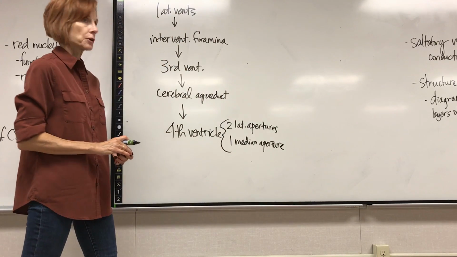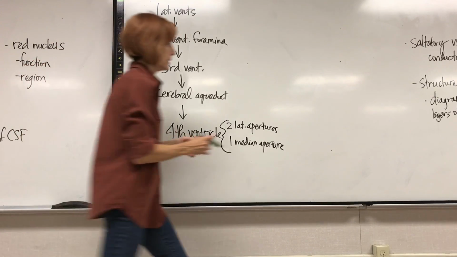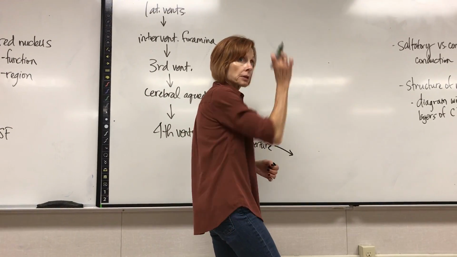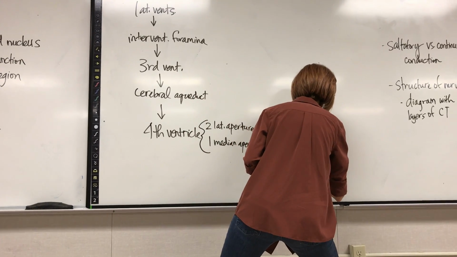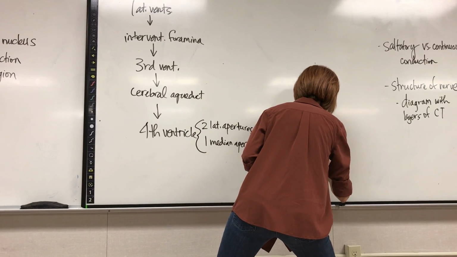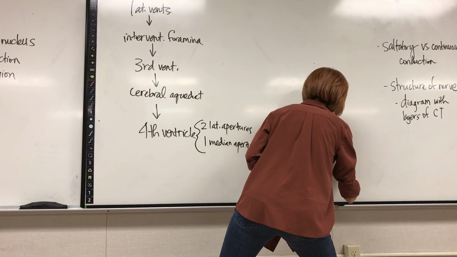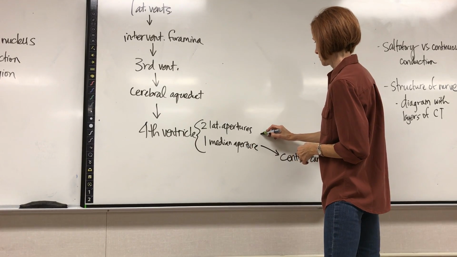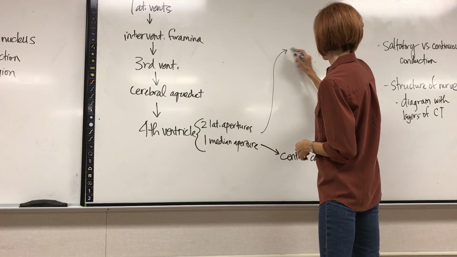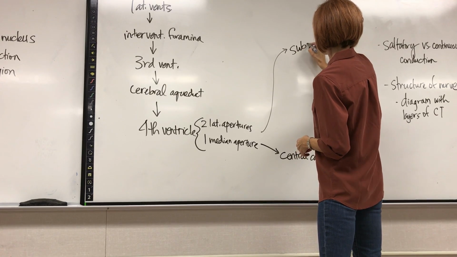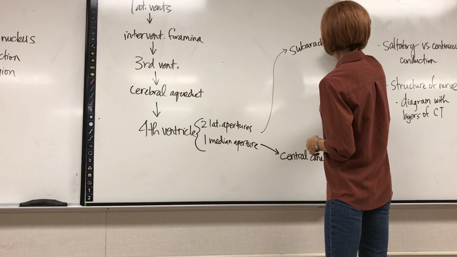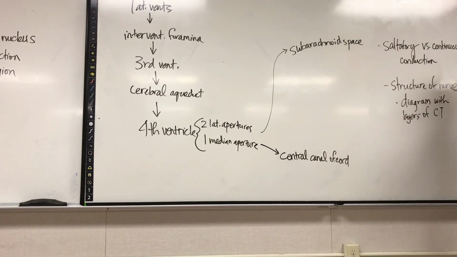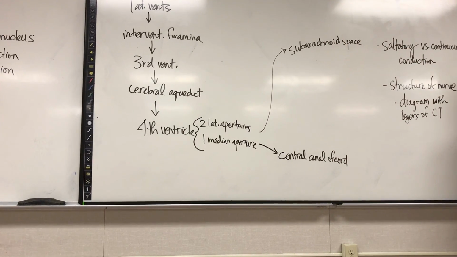It actually can now go into two places. It can go directly into the central canal of the spinal cord, and it can also go into the subarachnoid space, right? So when it goes into the subarachnoid space, it can circulate around the brain and around the cord.